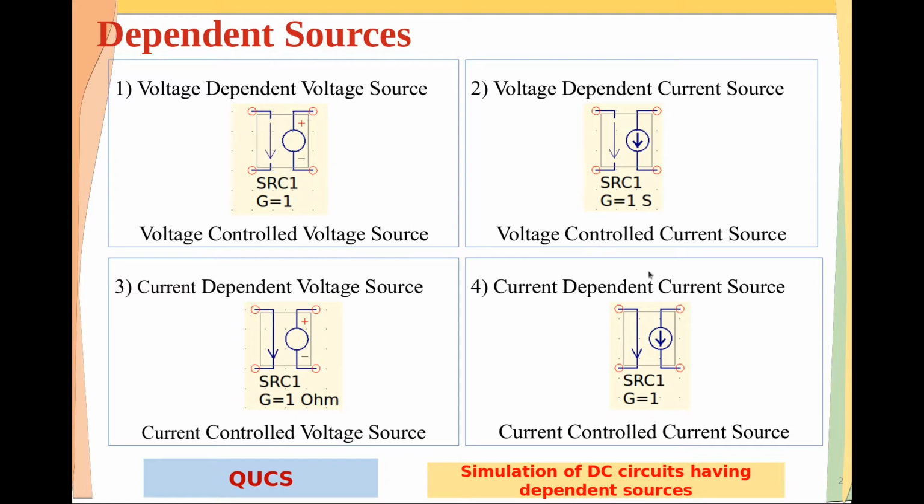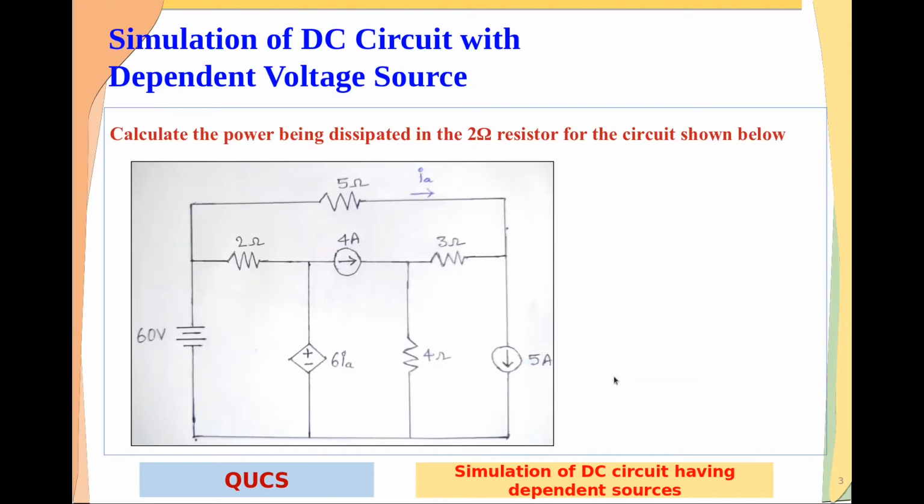Similarly, if we consider the fourth one, the current controlled or current dependent current source, this is basically a current source, but the value of this current source depends upon the current flowing through some element in a network.